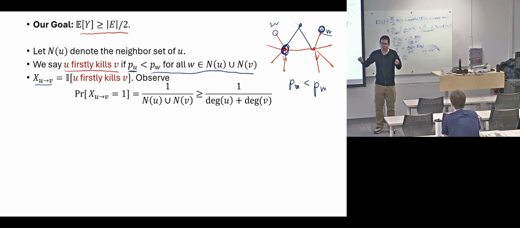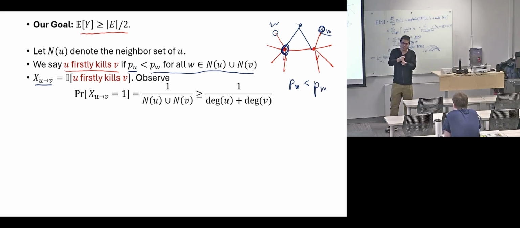I just ask what is the probability that u is smallest among this. Since the ordering is uniform, u would be first in the set with probability 1 over the size of the set. That's the probability.